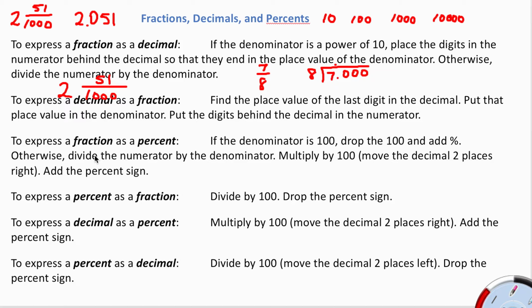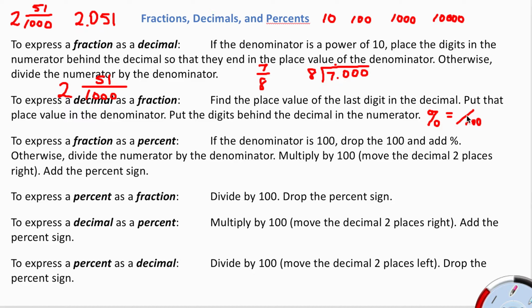and the numbers behind the decimal are my numerator. To express a fraction as a percent, if the denominator is 100, you can just drop the 100 and add a percent sign, because percent is the same thing as saying per 100. That's why we call pennies cents, because there's 100 of them in a dollar.